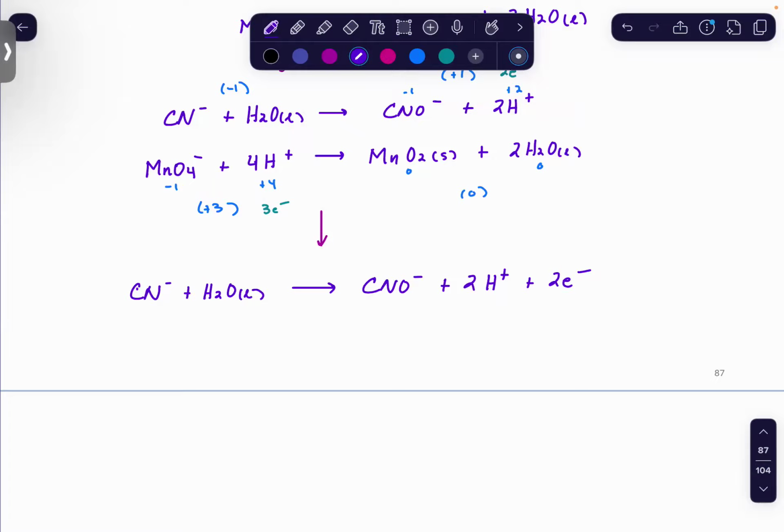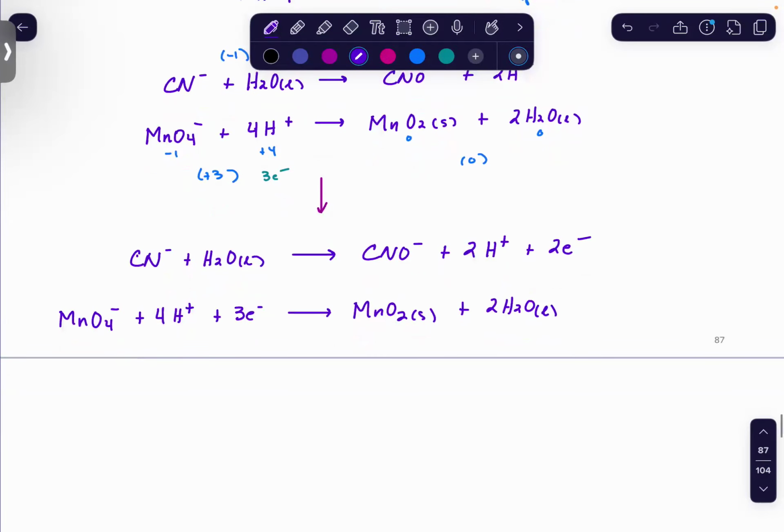Permanganate, okay, so we're going to need permanganate plus the four protons plus the three electrons. And that's going to give manganese 4 oxide plus 2 waters. Now charges are all balanced.